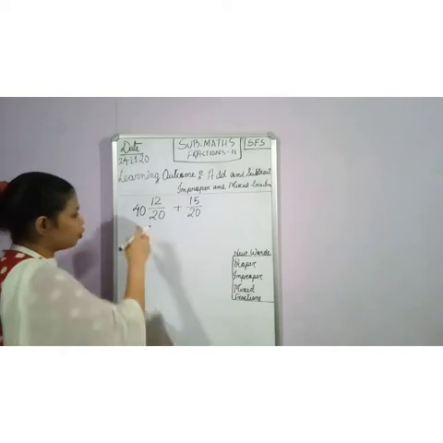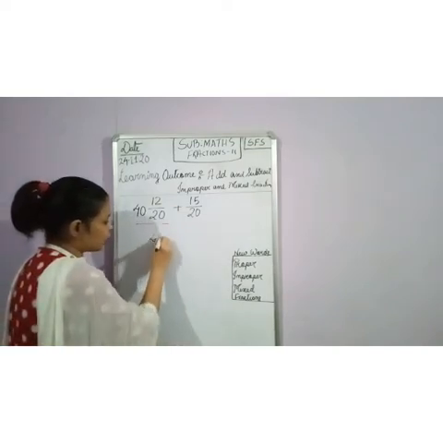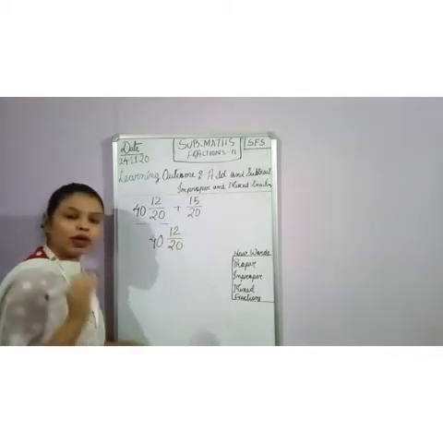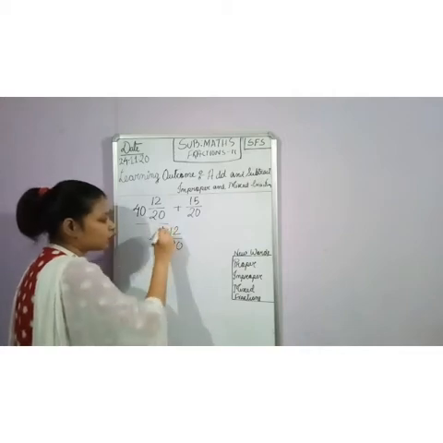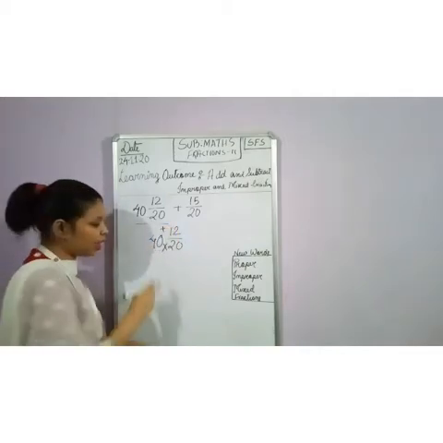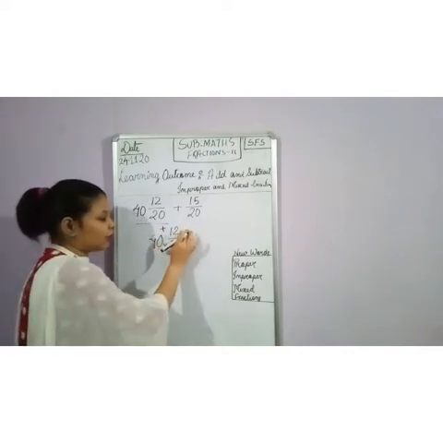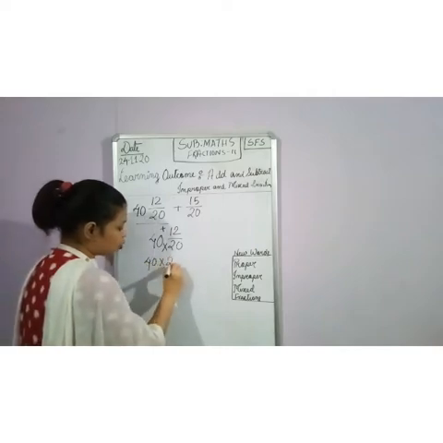So first we consider this number, 40 and 12 by 20. We know the process: first we multiply, then we add. First multiplication, and whatever product you get, you add with the numerator. So let us do 40 into 20.